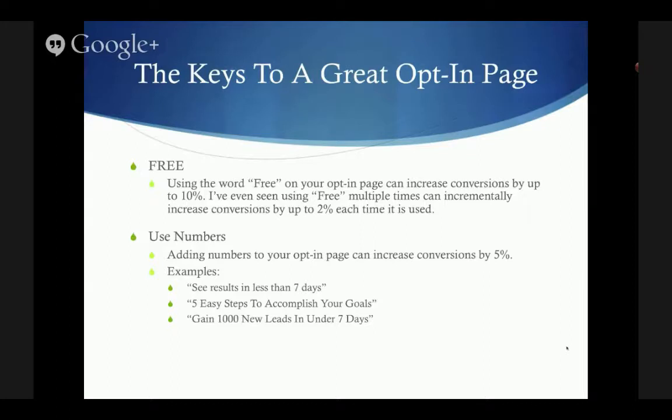So I did not take my own advice there. Instead of gain 1,000, say gain 1,023 new leads in under 7 days, because whenever you round, it makes it more broad in people's minds. And it goes back to that first one of don't leave it broad, be very specific. So gain 1,072 new leads in under 7 days. That's why I used increase your opt-in pages by over 73% by getting this free report.